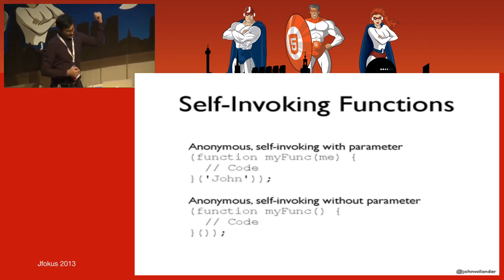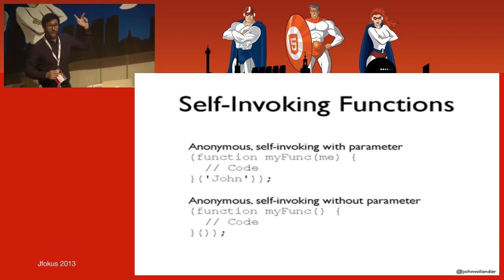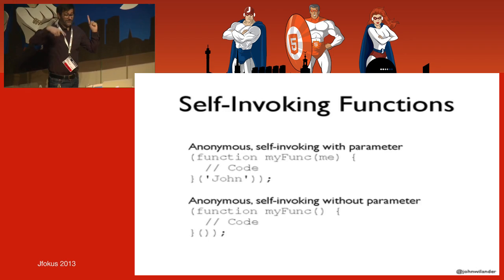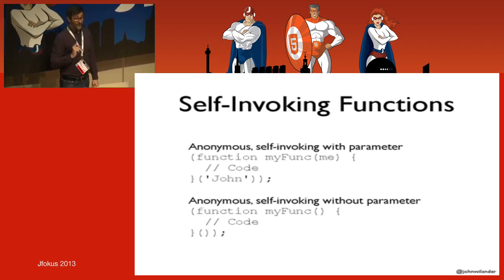And just to show you two of these cases, they're both anonymous, meaning that I never give them any name. I just say this is a function and execute it as soon as you've parsed it and know what you're supposed to do. And this is a case where you can do more or less dependency injection. So you see I inject the name John into the self-invoking function myfunc, so that the local variable or the parameter me gets the value John.